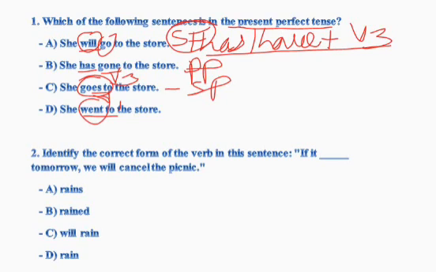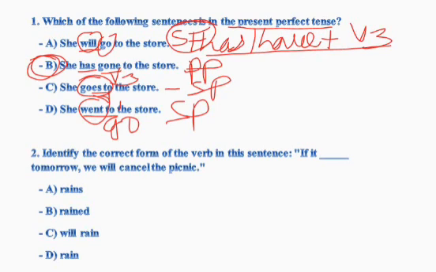Went, the past form of go, is verb 2, so this is simple past. The answer that fulfills this criteria is B.